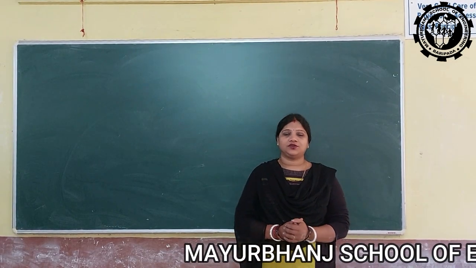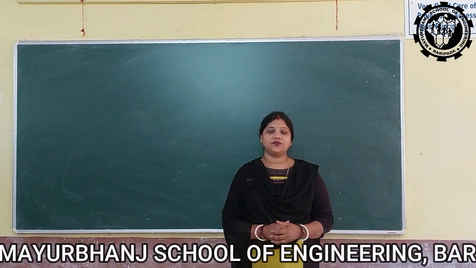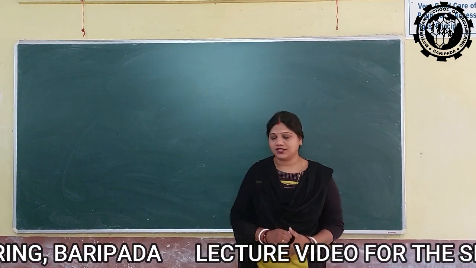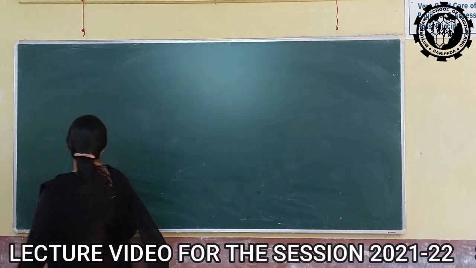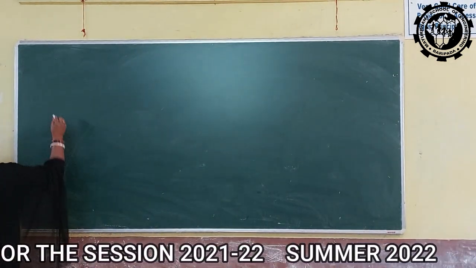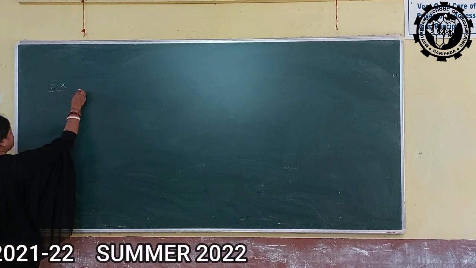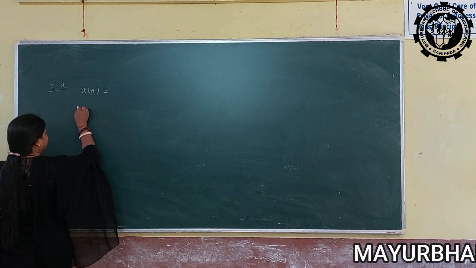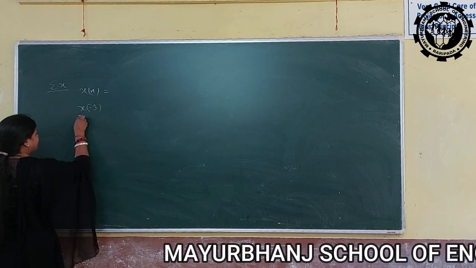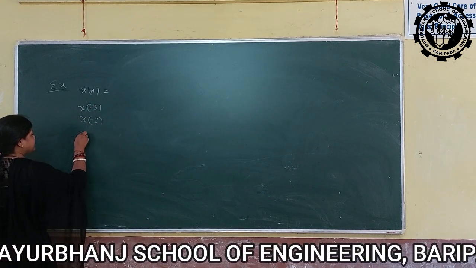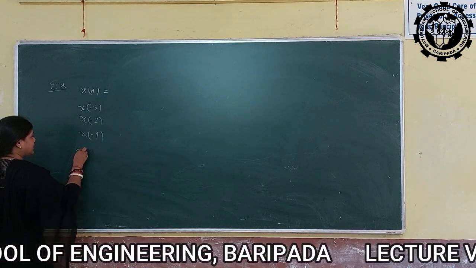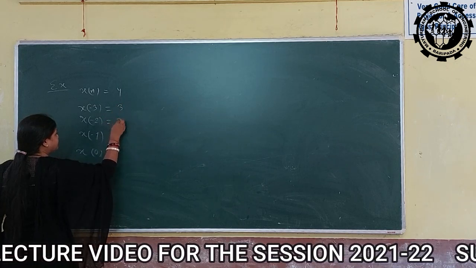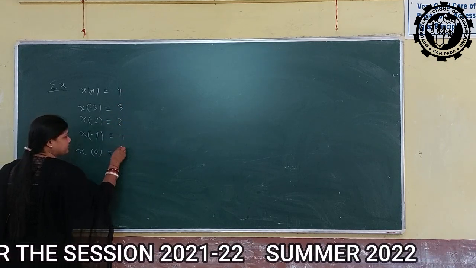Students, today I am going to cover the representation of discrete time signals and the classification of discrete time signals. First of all, let's take an example of a discrete time signal. If x of n is equal to x of minus 3, x of minus 2, x of minus 1, x of 0 is equal to 4, 3, 2, 1 and 0.